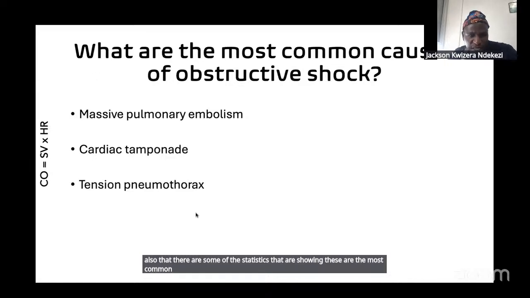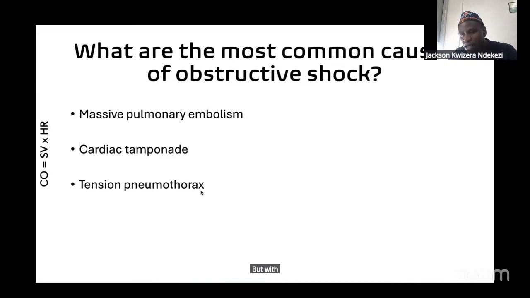The literature also lists other causes of obstructive shock, such as restrictive cardiomyopathy, severe aortic stenosis, or constrictive pericarditis, but these are far less common than the others above.